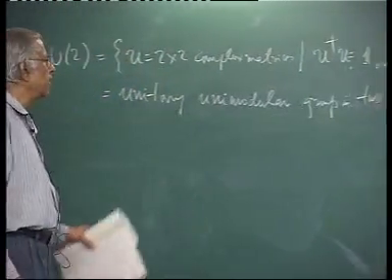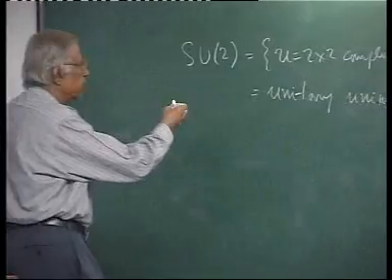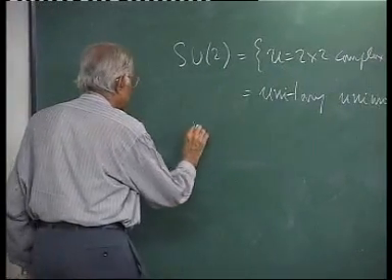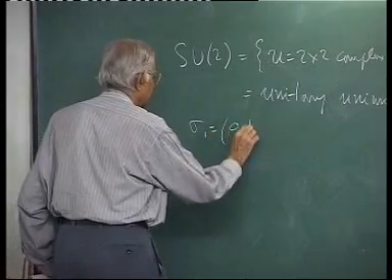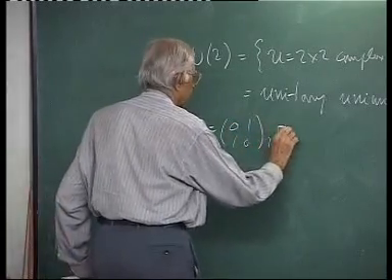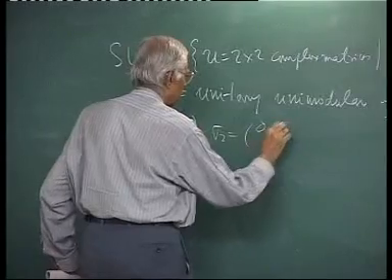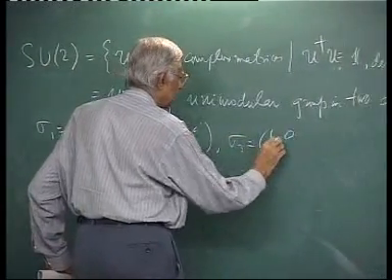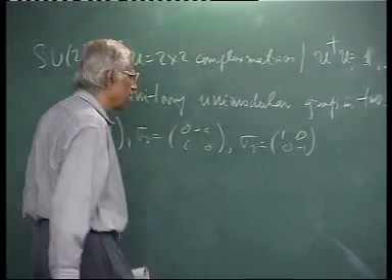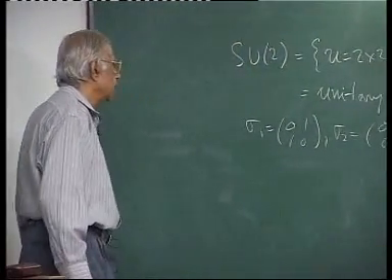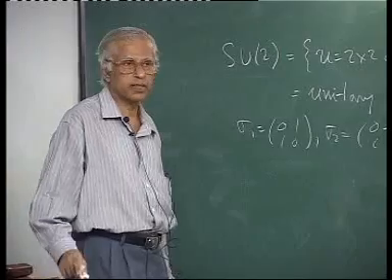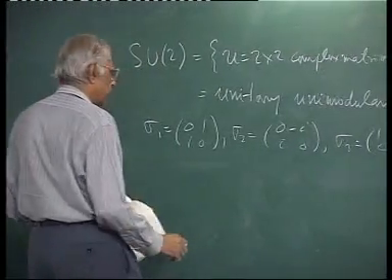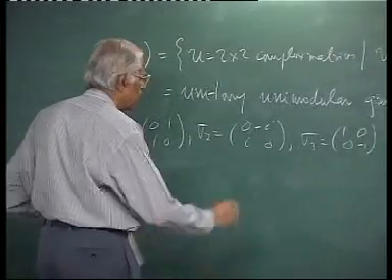Now, in all the analysis that we will look at for this group, the properties of the Pauli matrices are extremely important, and I hope you are familiar with these. If not, just check the various results that I am going to write down. These are the 3 Pauli matrices, and what are their most important properties?